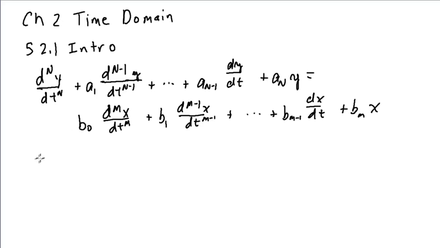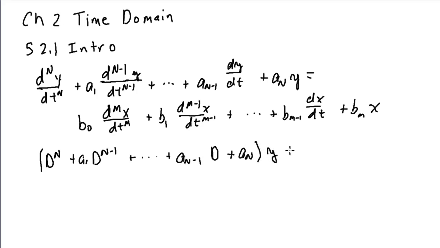So in our operator notation, we can represent this as D to the N, which represents an Nth order derivative, plus a1 D to the N minus 1, plus and so on, plus a_N, all times y.